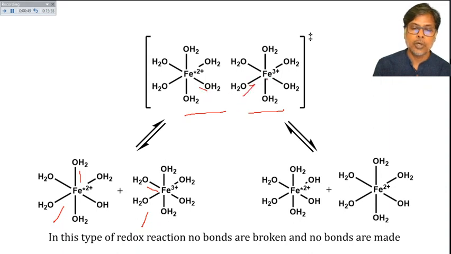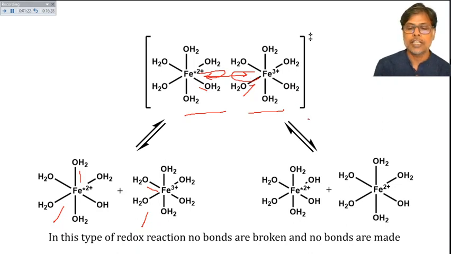So when the bond lengths become the same, the energies of the orbitals involved in the transfer of the electron become the same. Once the energies of the participating orbitals become the same, the electron transfer takes place.